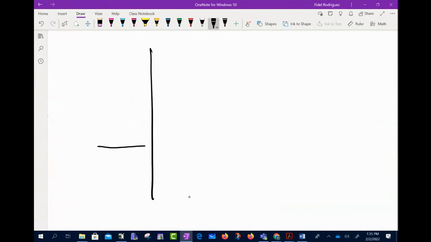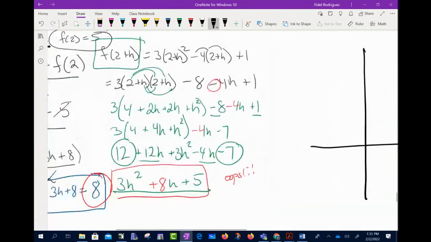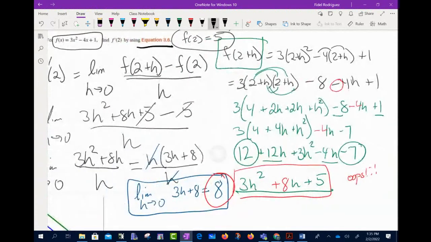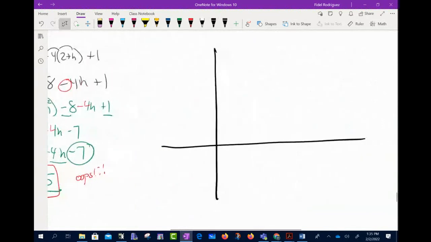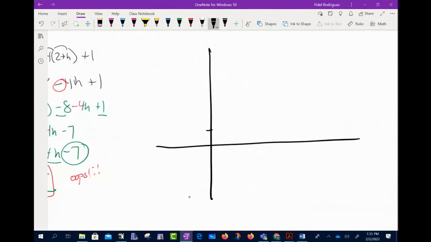That means that if I were to graph, what's the equation again? 3x squared minus 4x plus 1. So my graph is going to look, oh, I don't know, something like this. And it's going to probably do something like that, okay? And what we're saying is, suppose, I don't know, I'm going to make this up.